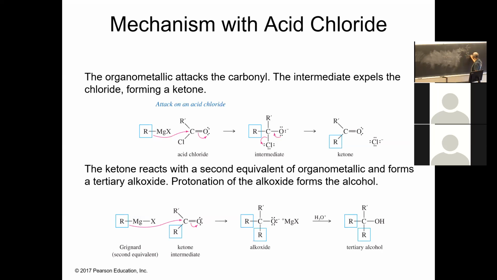So we've added 2 ethyl groups. Our longest chain now is 1, 2, 3, 4, 5. And so this would be 3-methylpentan-3-ol.